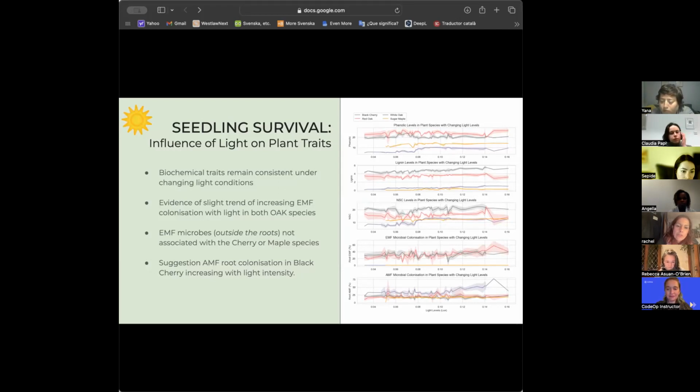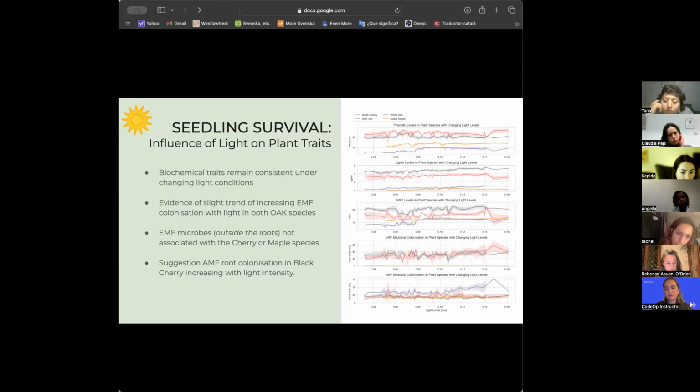However, with the microbial associations, that's looking at the EMF fungi and the AMF fungi, there's some indication that increasing the light affected the percentage of colonization on the roots, particularly for the black cherry, which is associated with an AMF microbe.